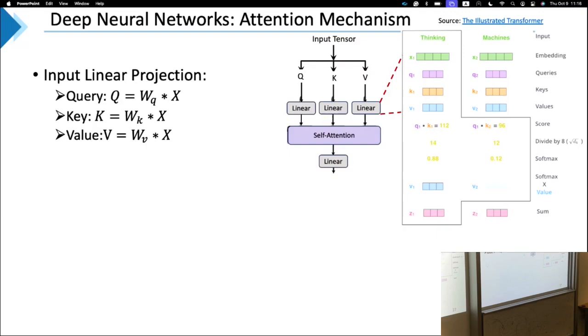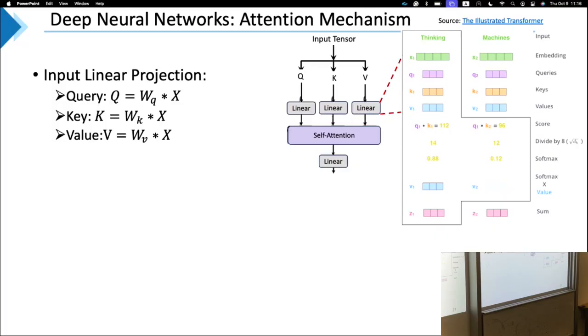As I mentioned in our last lecture, we have the pre-processing, which maps our sentences to different sets of tokens, and these tokens will be processed by the tokenizer, which maps the tokens to embeddings. So here, thinking and machine are first represented as the embedding vectors x1 and x2. This is how we process all this information.